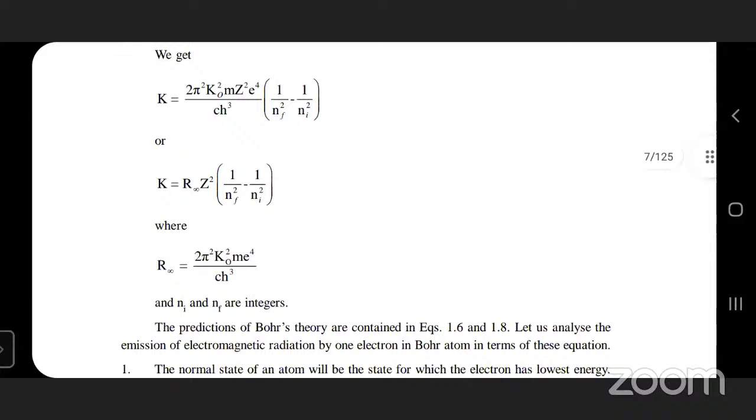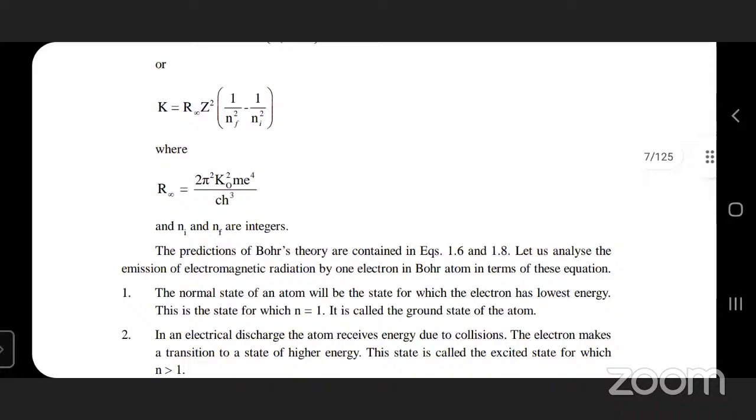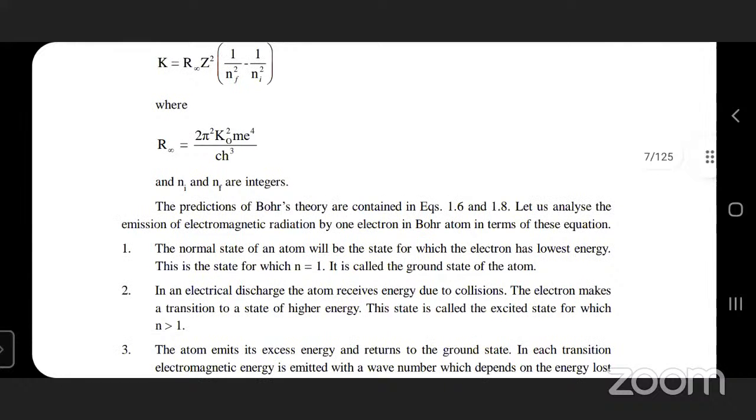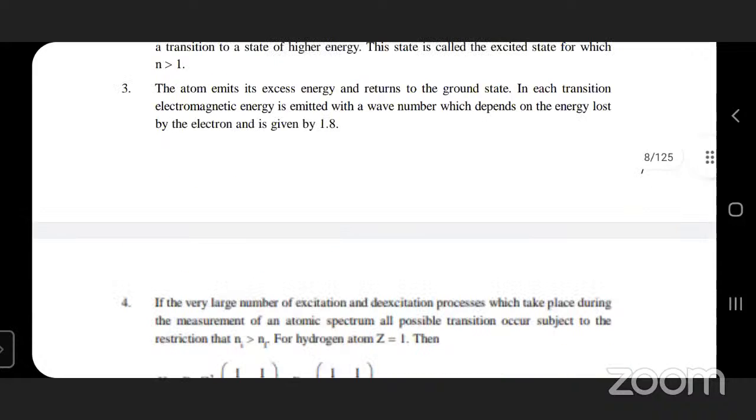So that is, K equals 1 by R infinity into 1 by 2 square, 1 by nf square minus here.